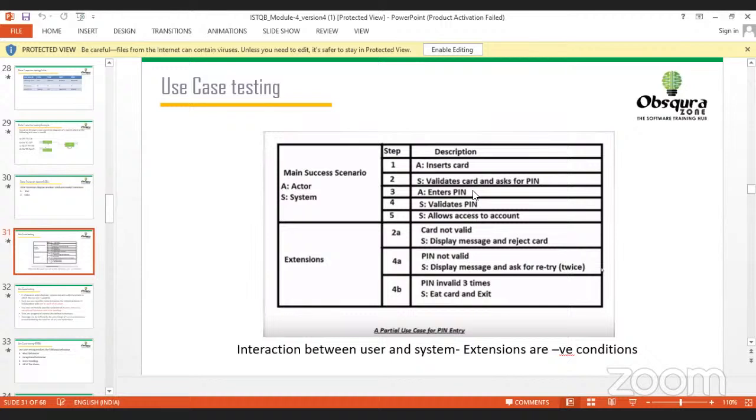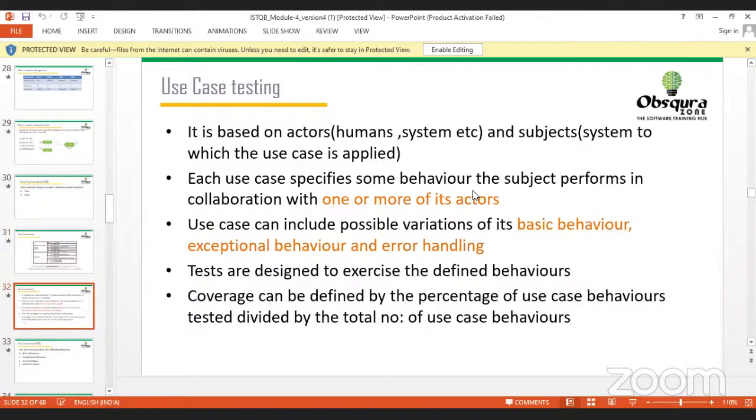If it is banking people, they are trying to insert money or do some manipulation, so the system behaves in a different way. So it is based on the actors and the system in which the use case is applied.